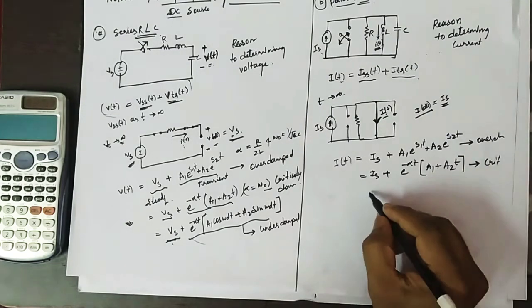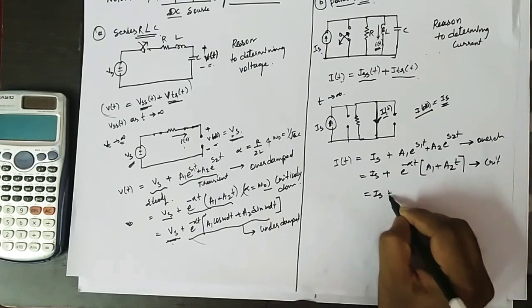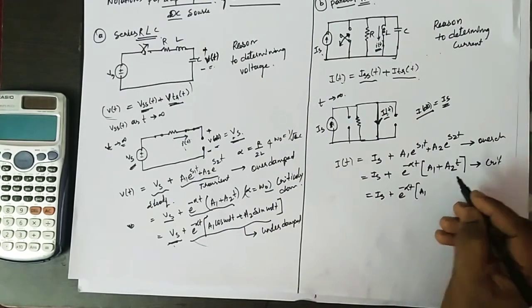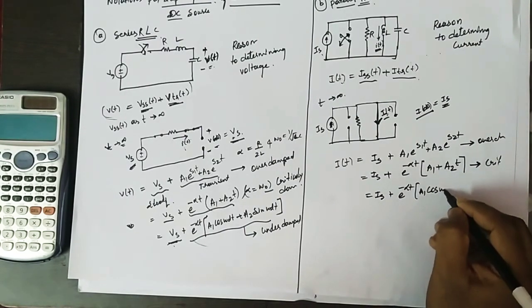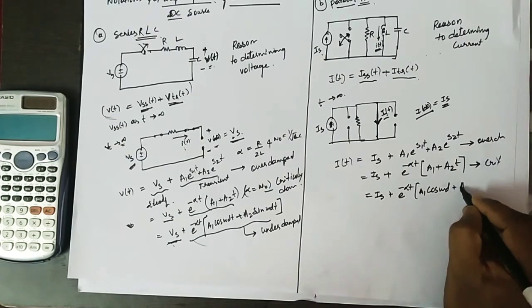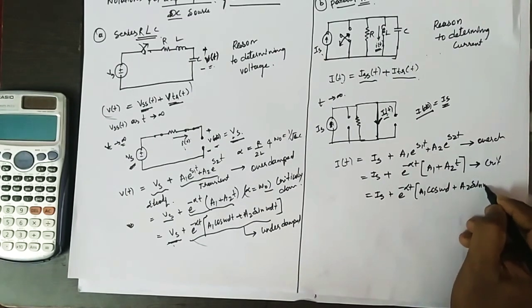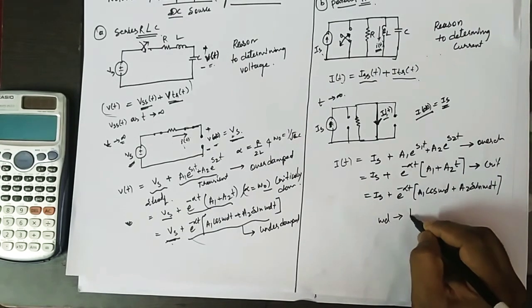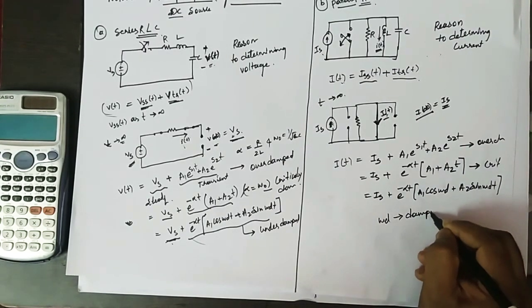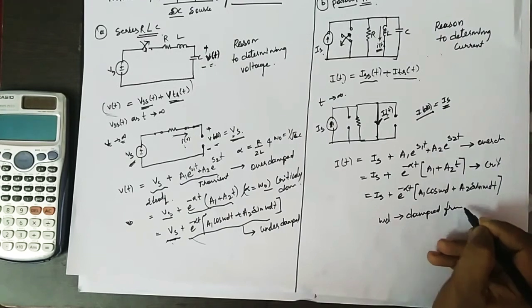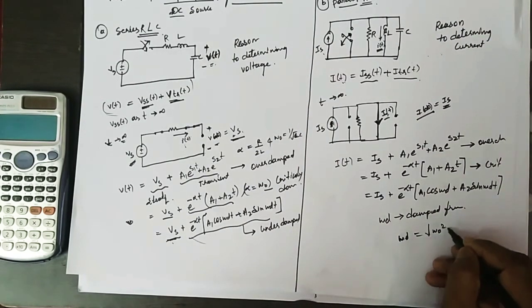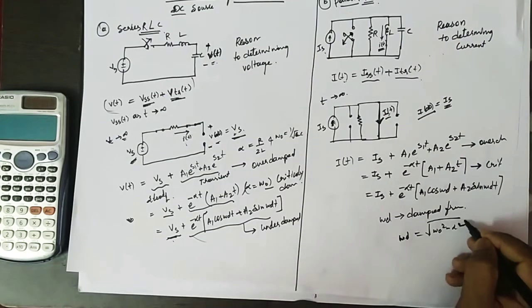For underdamped, it is e^(-alpha t) times A1 cos and A2 sin of omega_d t, where omega_d is called the damped frequency, omega_d equal to the square root of omega_0 squared minus alpha squared.